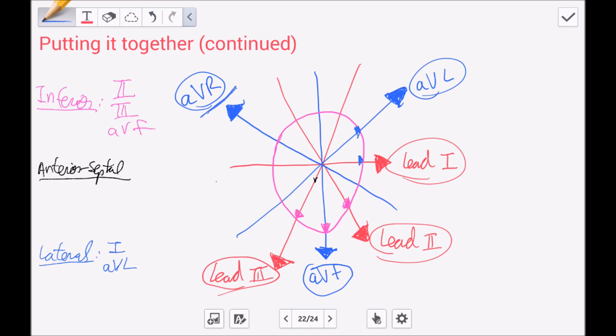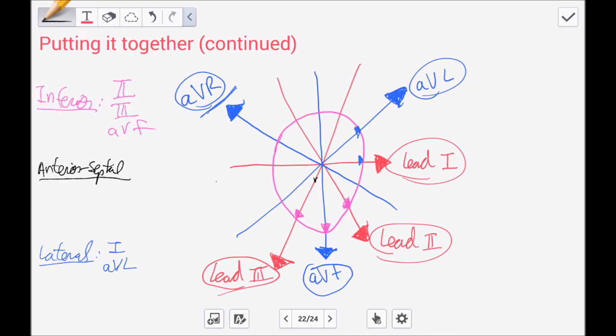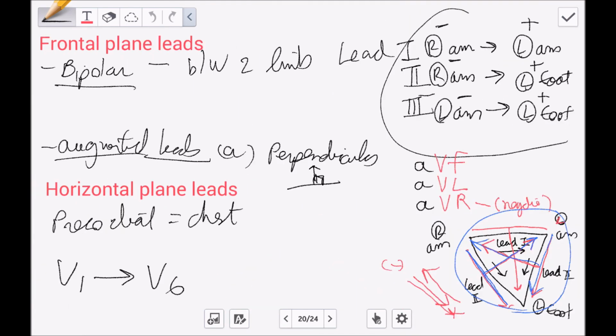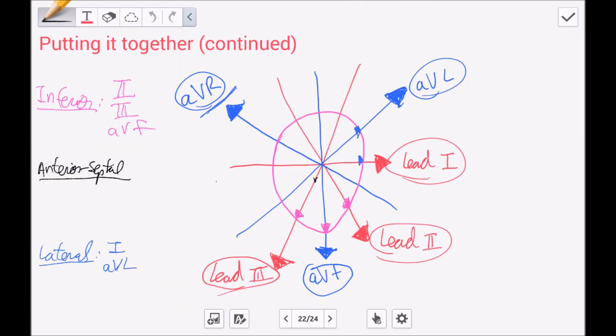All right? Now, we're going to go through the anteroseptal leads. Remember this part over here, when we talked about the horizontal planes, the precordial leads, V1 to V6, well, we are going to plot V1 and V6 onto it. And because they're horizontal plane, they look at the heart not from a top-down perspective, but more from like a left-right or right-left perspective. So it's like a different plane, right? It's horizontal. So what we can do is V1 and V6.